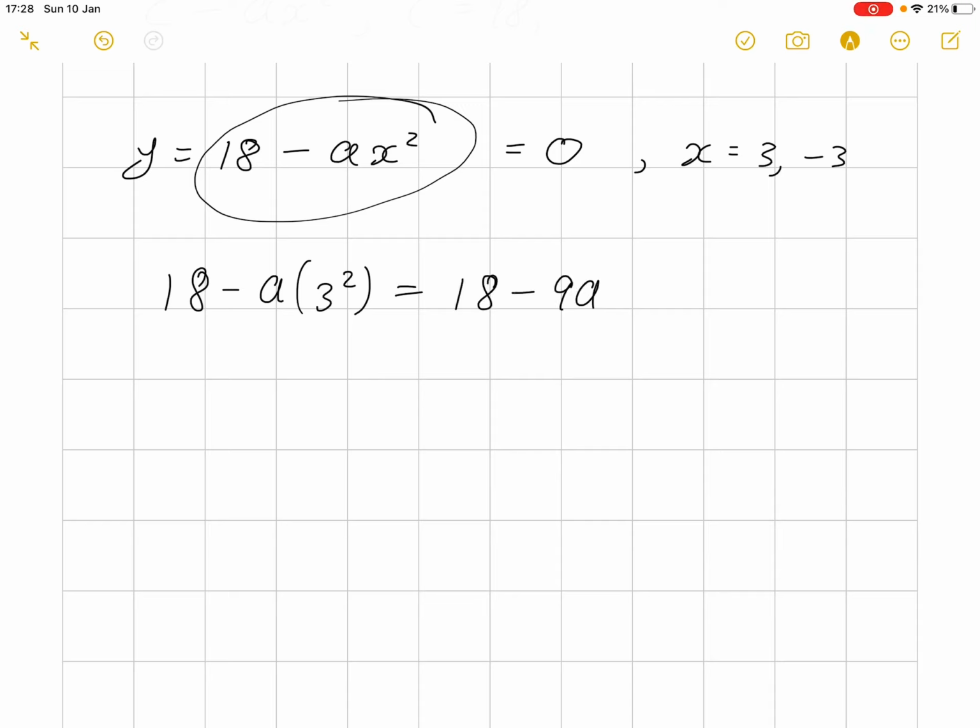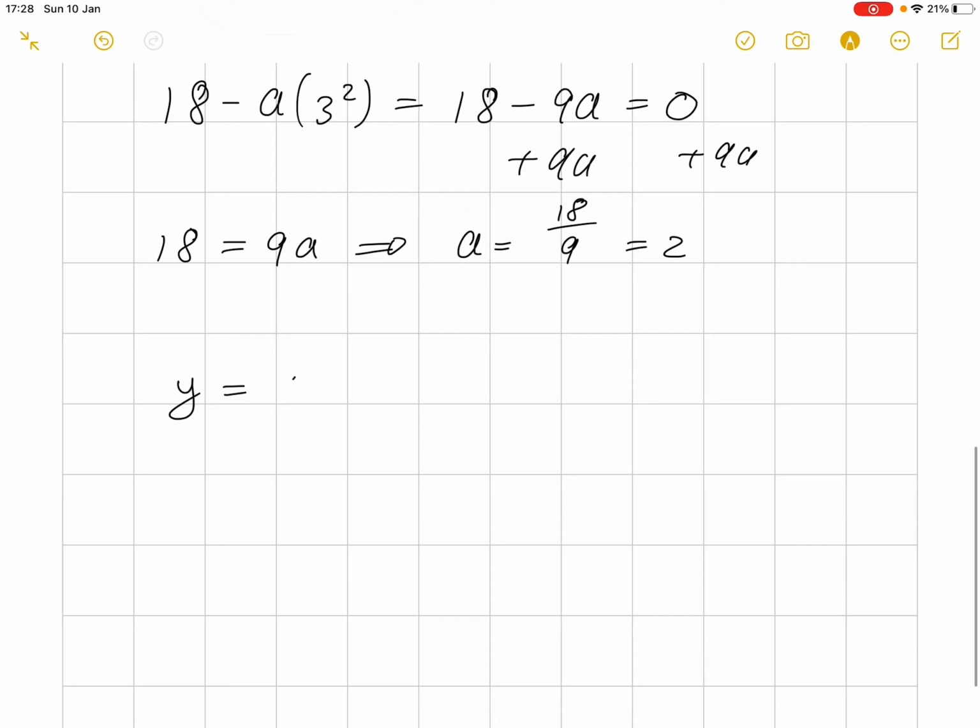Of course, add 9a to both sides, and we get that 18 is equal to 9a, which implies that a is equal to 18 divided by 9, which is equal to 2. So lastly, to summarize, we have that y is equal to 18 minus 2x squared. Thank you very much for watching.